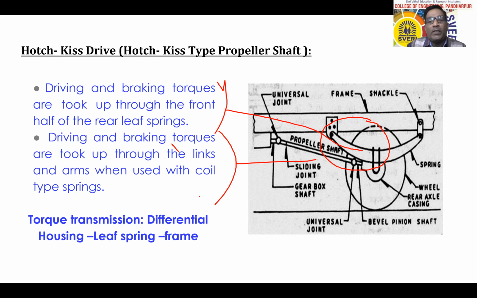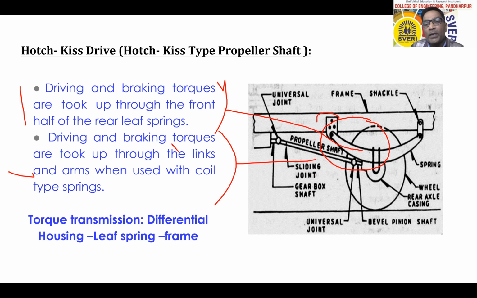That is the difference between the coil spring suspension and the leaf spring suspension. With respect to this Hotchkiss type of propeller shaft, you should remember the driving and braking torques are taken up through the front half of the rear leaf spring.